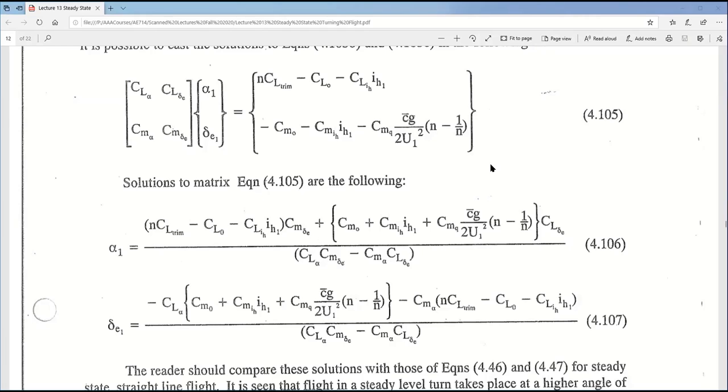So again, Cramer's rule, simple 2 by 2, just like we did before. In fact, you guys did that for a homework, right? Or are you doing that for a homework? Yeah, you're doing that on the homework. And so this is the solution here. What's different about this solution for alpha and elevator versus the one for longitudinal flight?